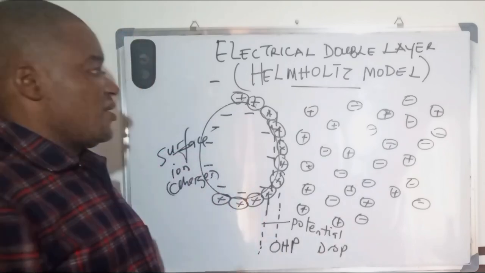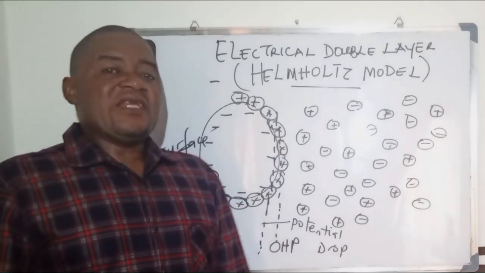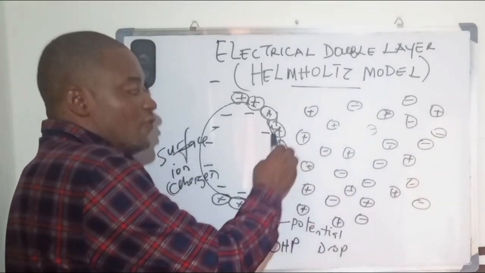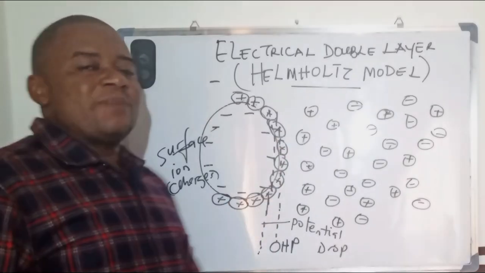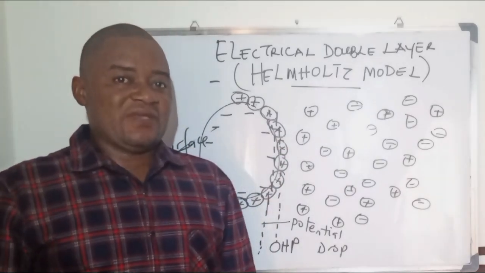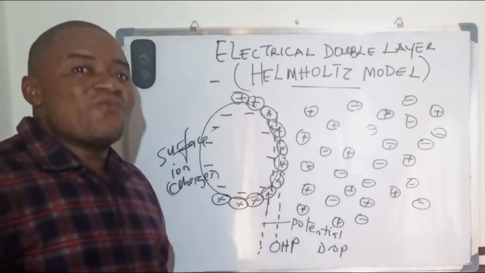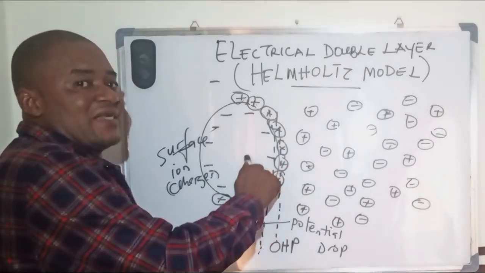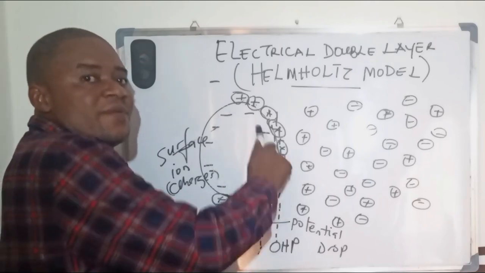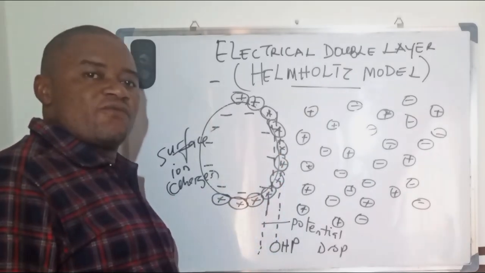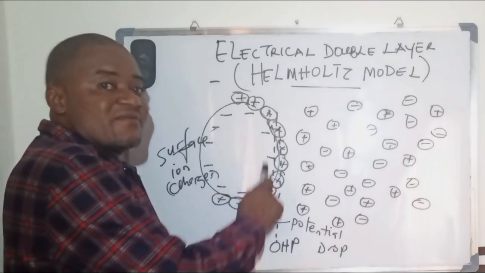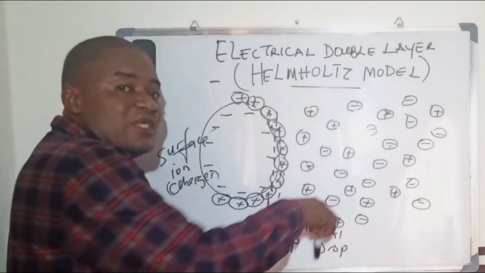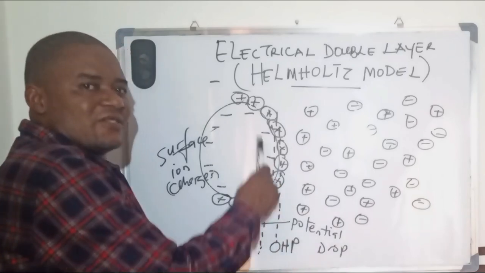Stern believed that in as much as you still have electrostatic migration of these solvated ions closer to the electrode, there is a production of heat, thermal motion, and this thermal motion will not allow these rigid ions to remain. There will be a tendency of diffusion of these surface ions even into the solution, therefore causing some little breakup.